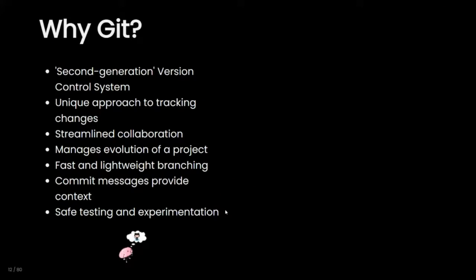Let's talk about Git now specifically, because what I've been mentioning is generally the idea of a version control system. And there have been previous versions of systems that were designed. But Git is a more recent addition to the version control system universe. It's a second generation version control system, because older systems almost had a copy paste approach to version control.